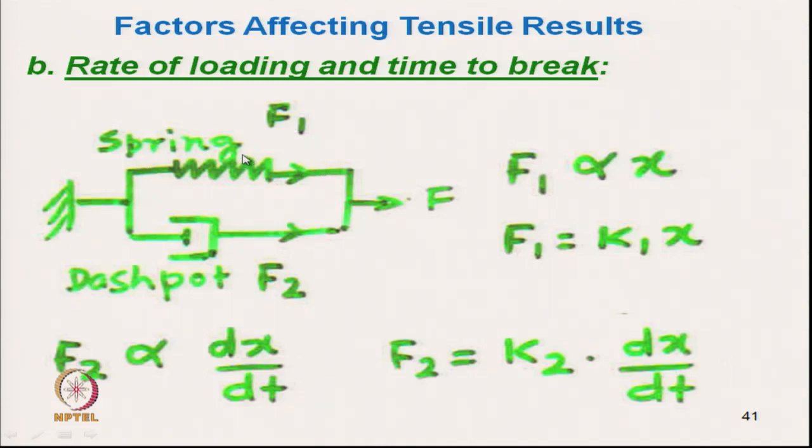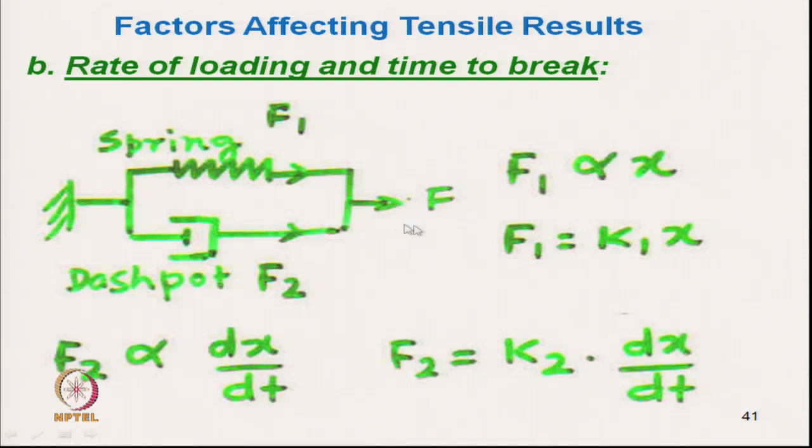This is the simplest model, where the spring and dashpot are in parallel. It is a model for yarn or any textile fiber.